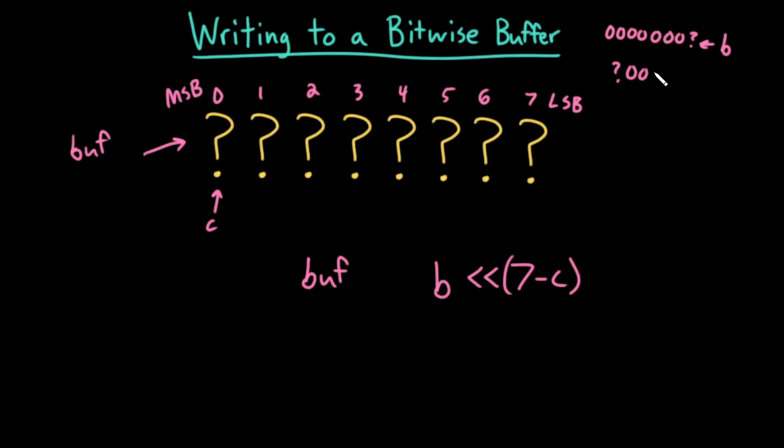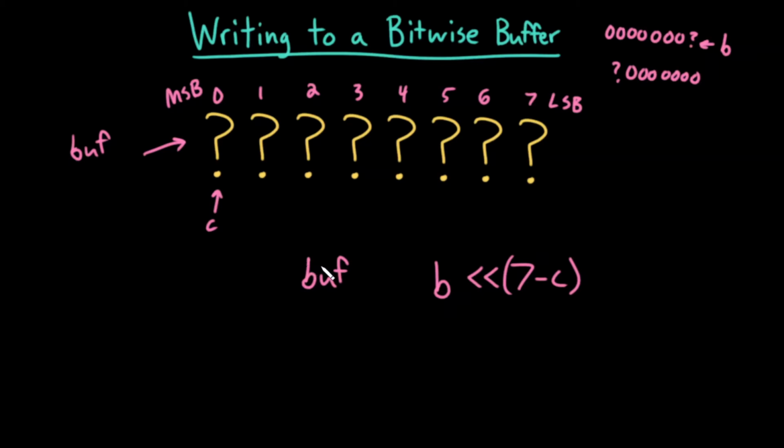I would get this number, where this is either 0 or 1. I want to OR this with my buffer. So if my buffer is currently 0, and this is 0, 0 OR 0 will be 0. If this bit is currently 1, 1 OR 0 is 1.